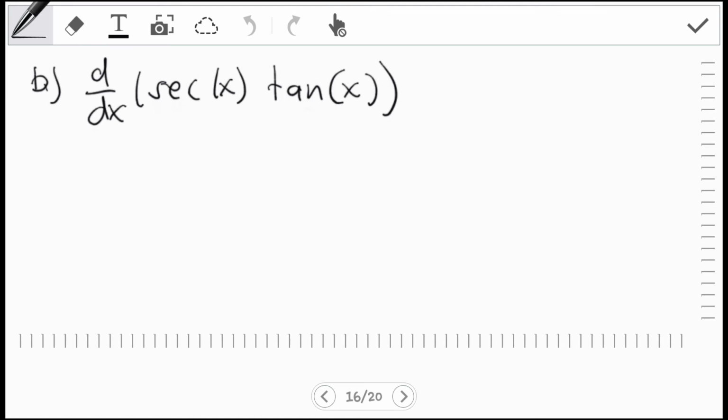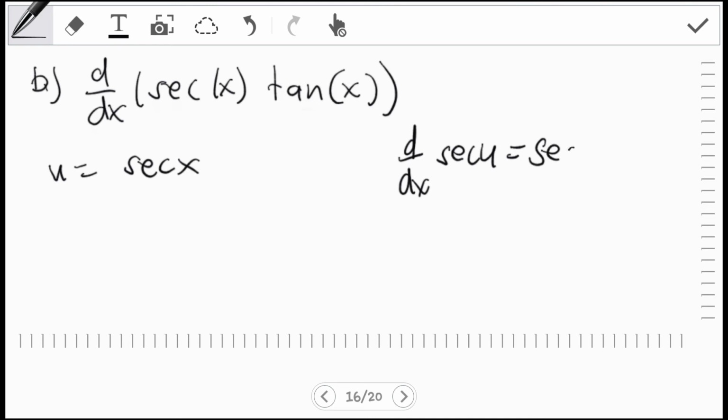Next, what is the equivalent derivative of d over dx of the quantity secant x times tan x? Okay, so let u equal secant x. Okay, so take note that d over dx of secant u is equal to secant u tan u du over dx.